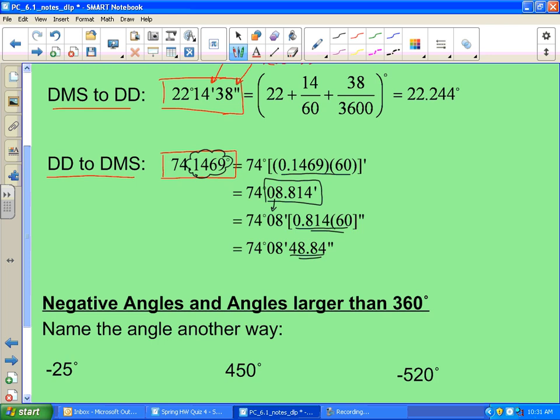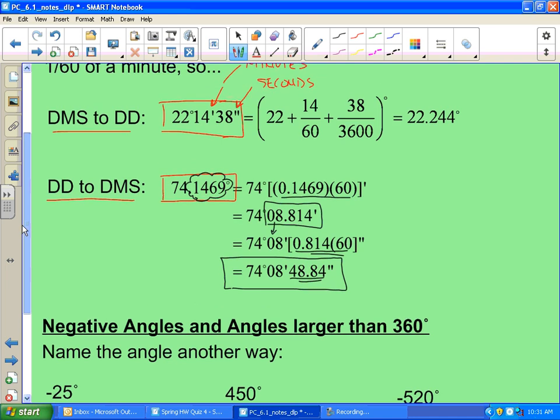Okay? So take the decimal part, multiply by 60 once. Take the decimal part of that, multiply by 60 again. And then I am now in degrees, minutes, and seconds. Not that hard. It's just if you don't practice, it's not going to be. So it's kind of an FYI.